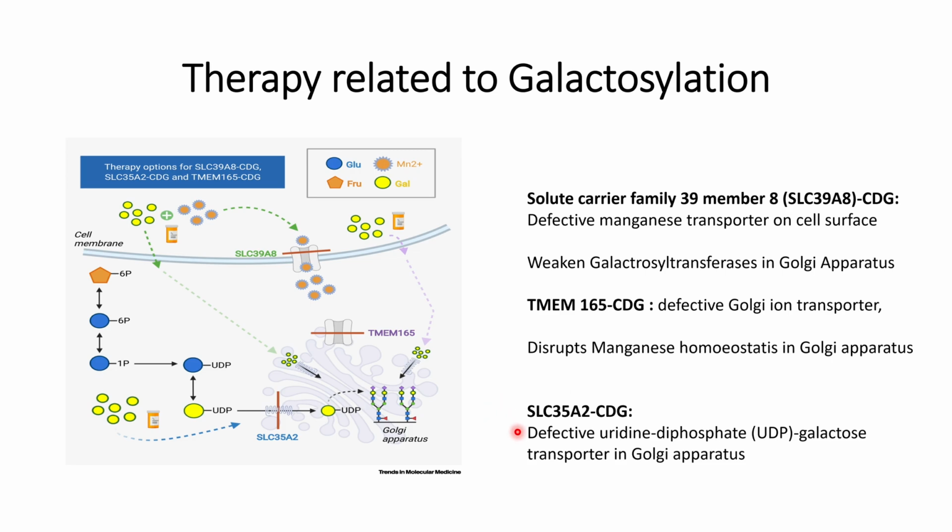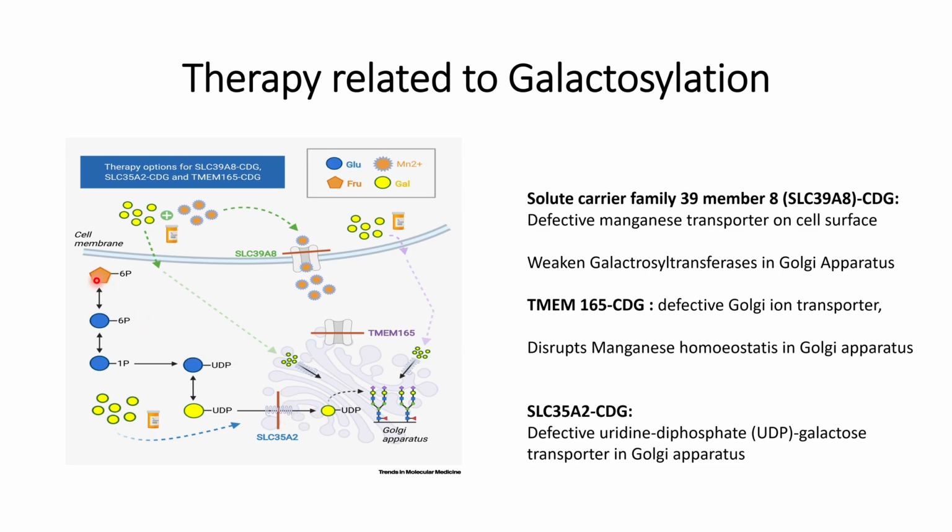The last one is SLC35A2 CDG. In this case, there is a defective UDP galactose transporter in the Golgi. So this UDP galactose transporter is defective. In this case also, what can be done is that we can inject galactose directly into the cells.